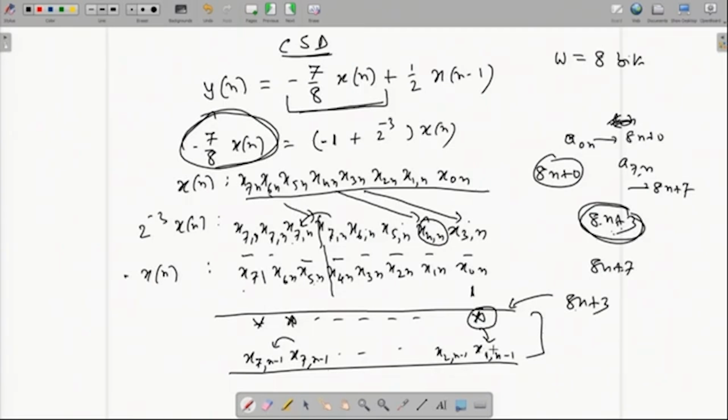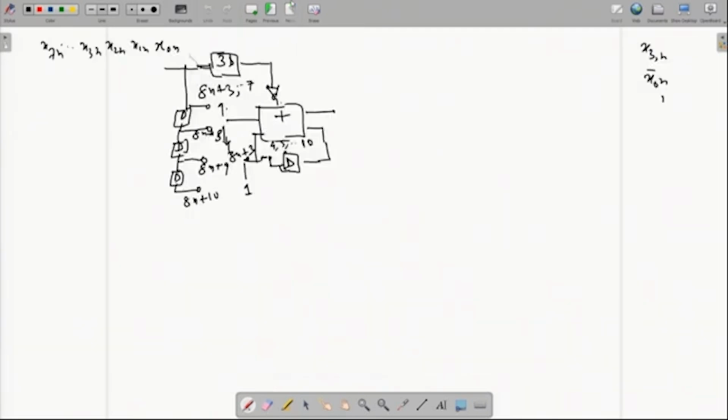How to do that? What is this? x1 n minus 1. Let me go to the next page. So our purpose is this: at 8n plus 3, whatever is the adder output, that I denoted by star, and I need these two to be added. So I need to do this.